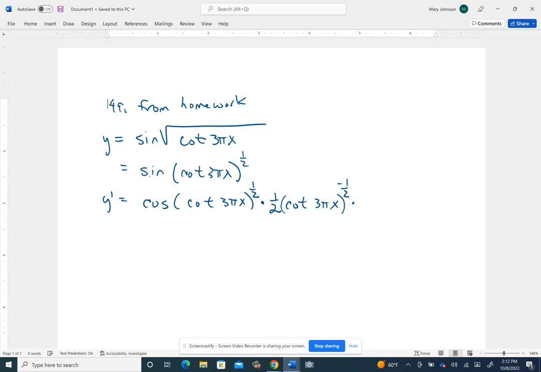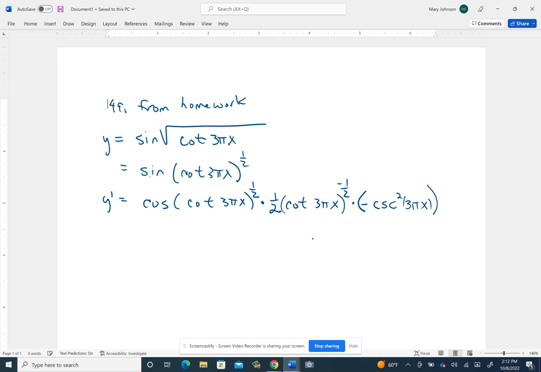Now you're going to do the derivative of cotangent, and that is negative cosecant squared 3 pi x, not x though, negative cosecant squared 3 pi x.